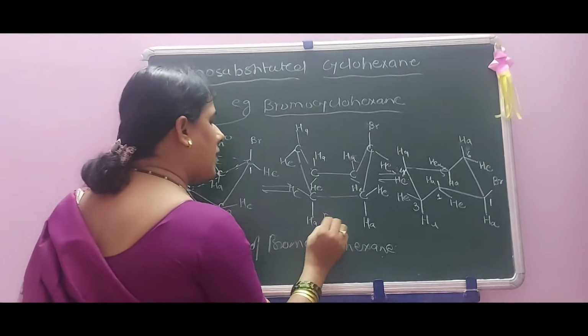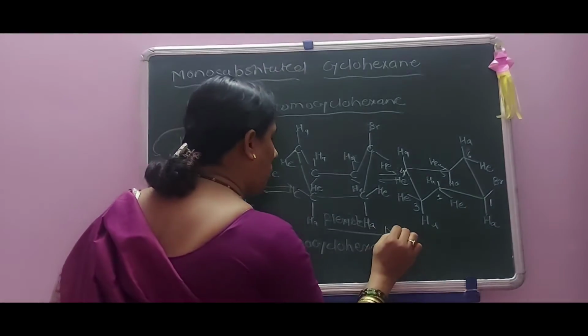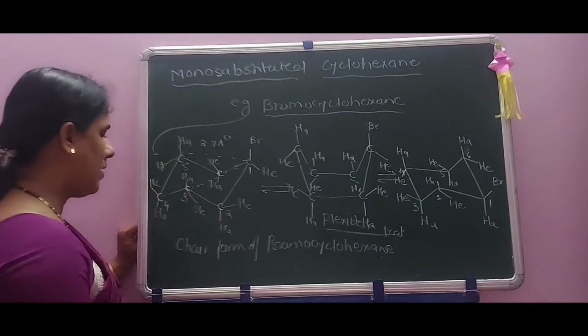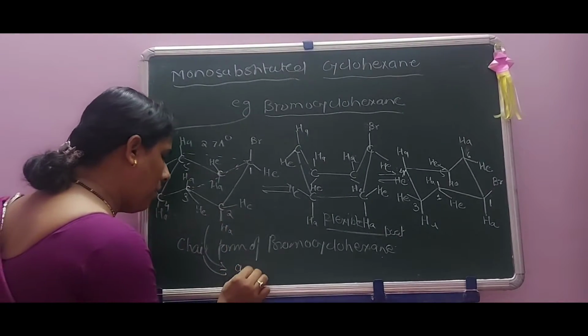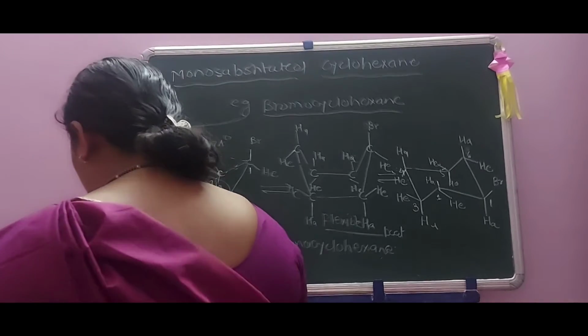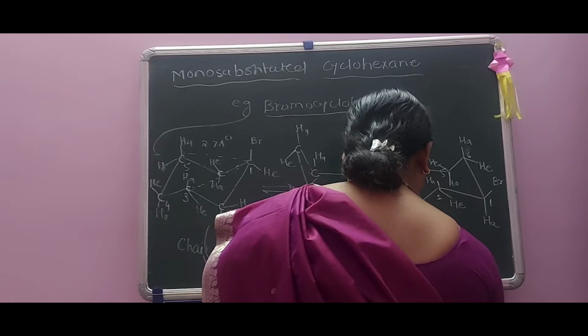This is the flexible boat form. Flexible boat. And these are the chair forms. This is the axial form. This is the equatorial form.